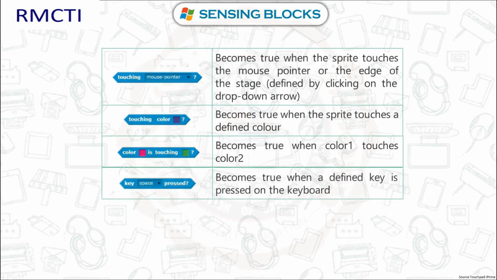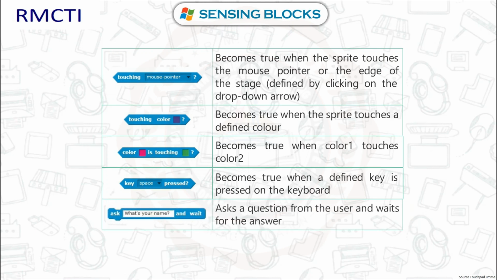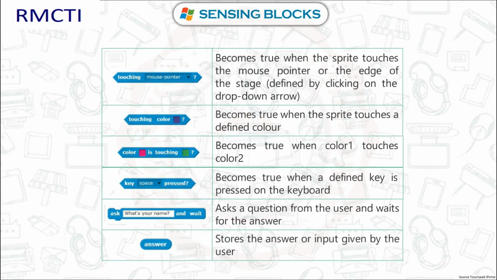Key space pressed becomes true when a defined key is pressed on the keyboard. Ask what's your name and wait asks a question from the user and waits for the answer. Answer stores the answer or input given by the user.